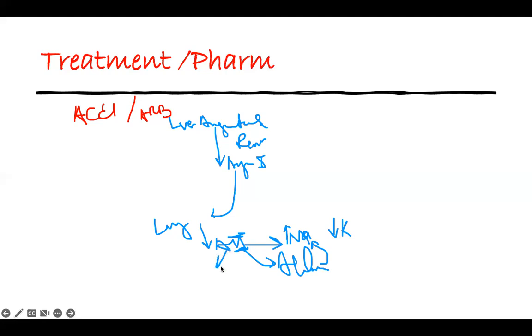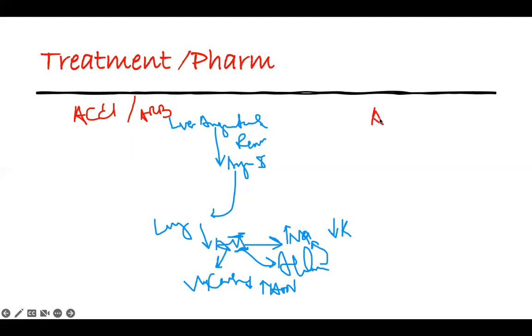Angiotensin 2 is also a vasoconstrictor, which causes hypertension. You see what is happening? You have this angiotensinogen going all the way to angiotensin 2.